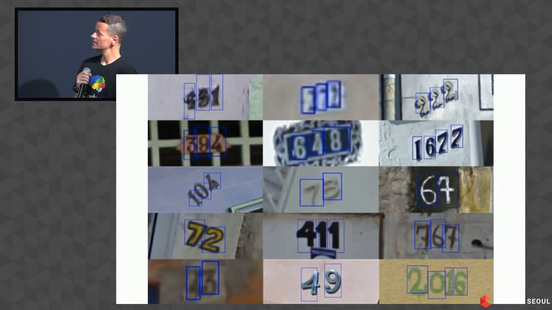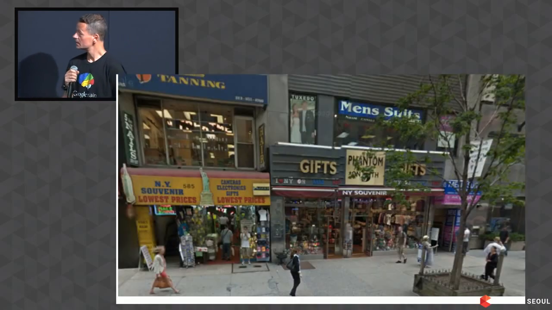But you can imagine that this is a difficult problem. For humans, it's relatively easy to read these numbers. For a computer, it's a lot harder. So here's another example that just shows what kind of data we're looking at.